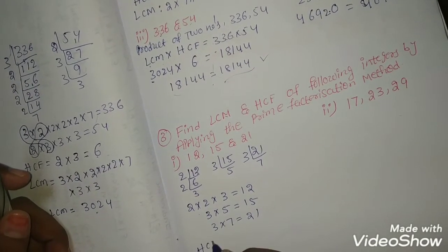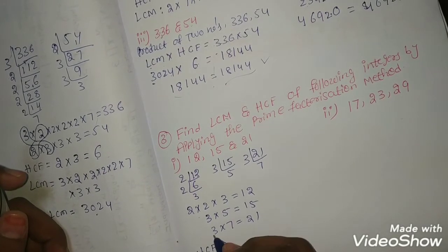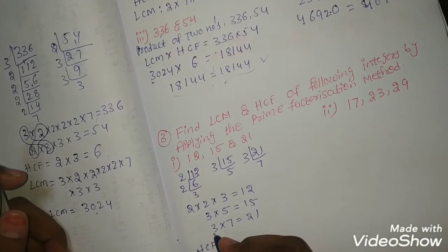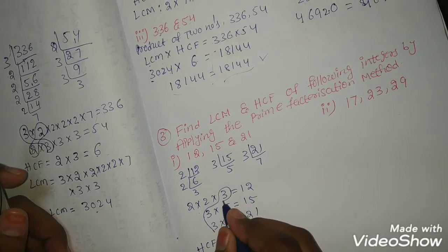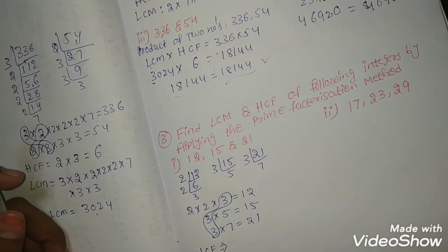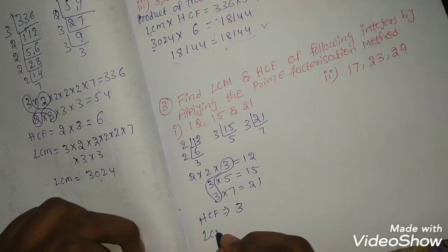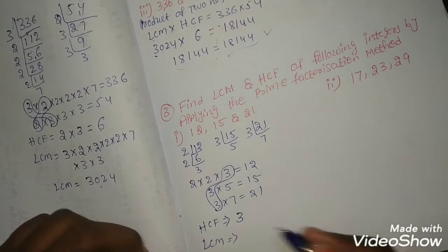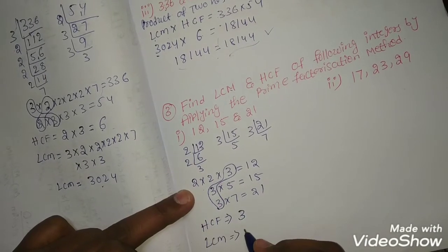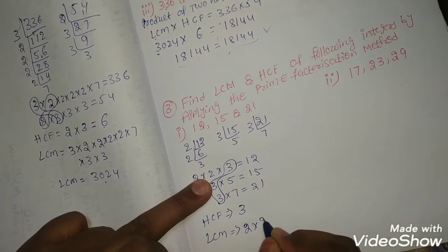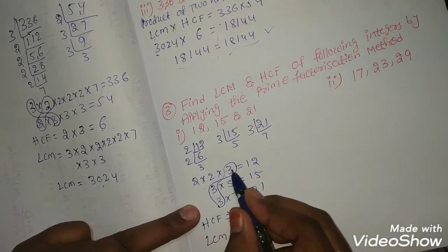How do we find HCF? Which one is the most common here in these three pairs? See, 3 is the common, right? 3 is the common. So our HCF is 3. And how do we find the LCM? Which are the uncommon numbers here? 2 into 2 into, these are common numbers, right?